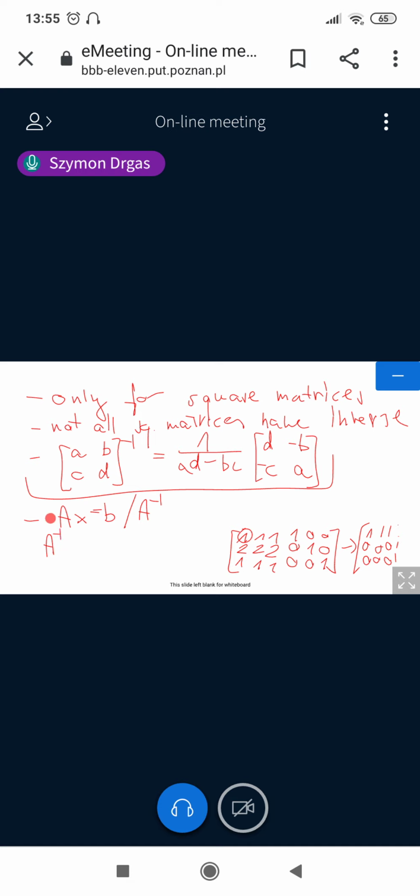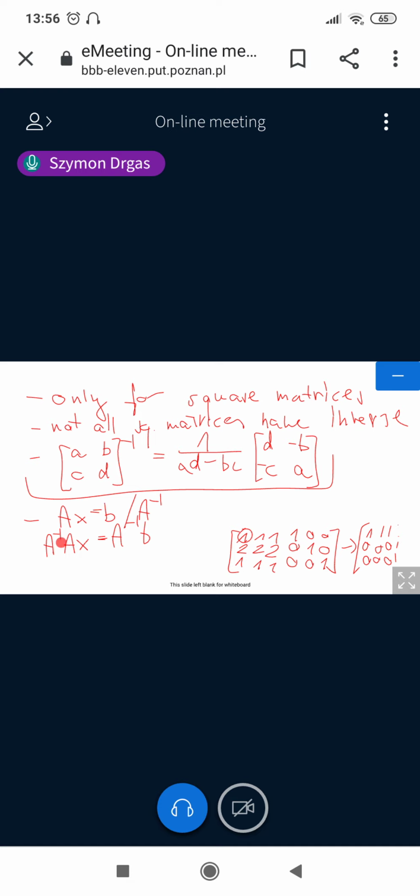If you put A inverse in front of the left side, you need to put A inverse in front of the right-hand side too. You could multiply both sides from the right, but in this case it would not even be possible because of the dimensions of these matrices.